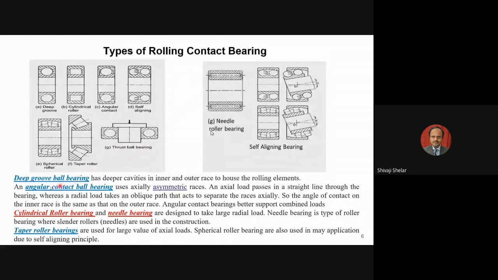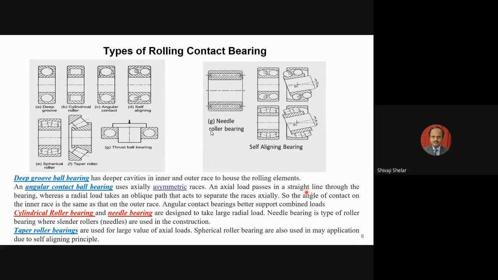So I have written the text content here. Deep groove ball bearing, this part, has deeper cavities in the inner and outer race to house the rolling element. Then angular contact bearing usually has asymmetric races. They are not similar, meaning their shapes are different. Inner and outer race shapes are different.